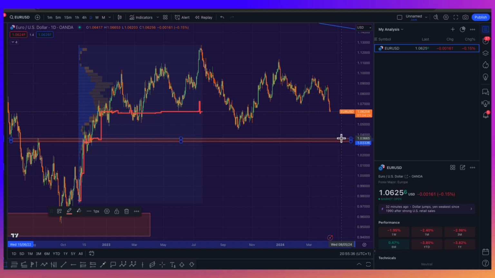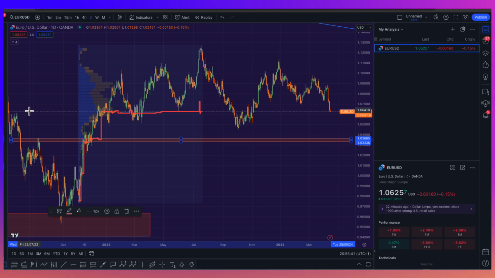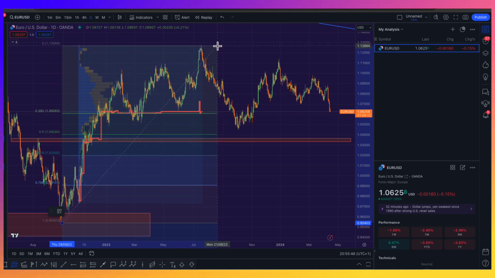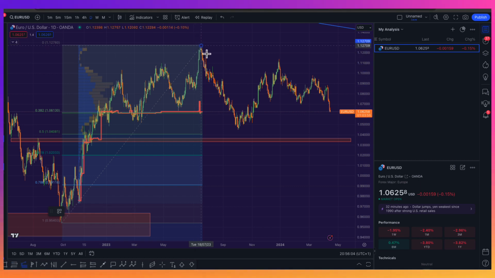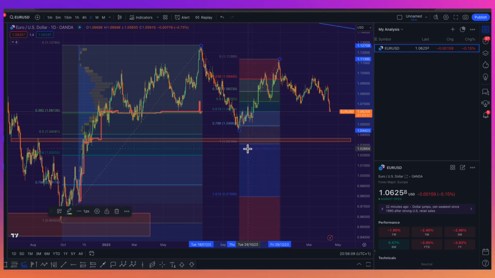But like I said, I'm looking at clusters. So let's see if I have Fibonacci retracement and Fibonacci expansion also confirming something around this area. If this is the Fibonacci, I can see that 50% is very close to this area. And also if I do the extension from this one to here and to here, we can see the 100%.